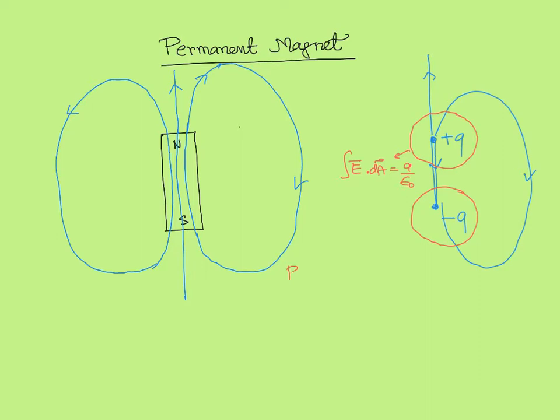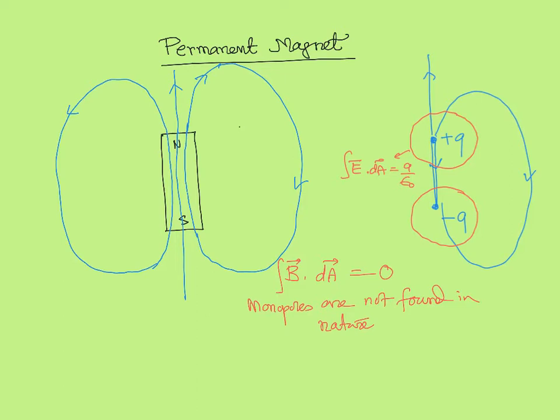But in case of magnetic field, the integration of B dot dA is always equal to 0, as monopoles are not found in nature. So there cannot be any such source or sink of magnetic field lines.